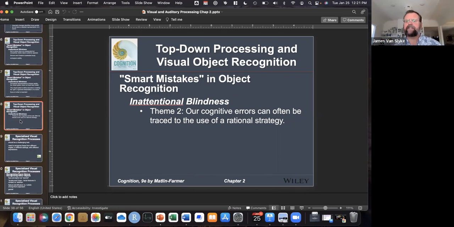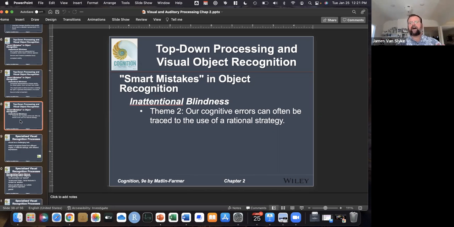And this fits with a theme too, such that our cognitive errors can often be traced to the use of a rational strategy. The rational strategy, or the trade-off that our visual systems make, is that we focus on things that are important or relevant to us, and we let go of a certain amount of details for any visual scene that we're currently looking at.